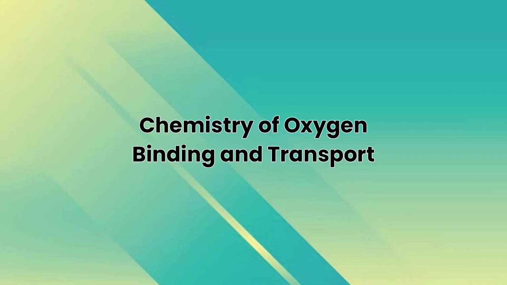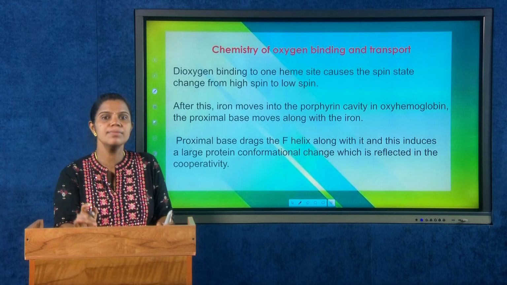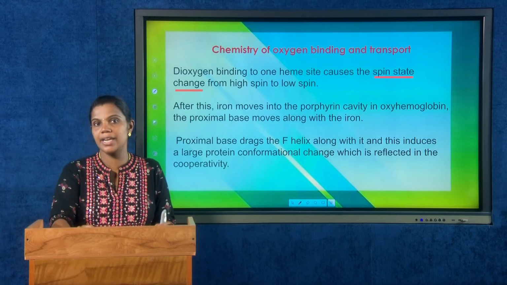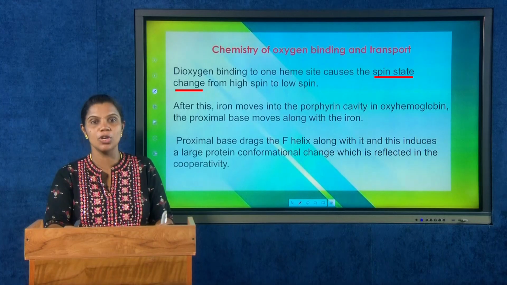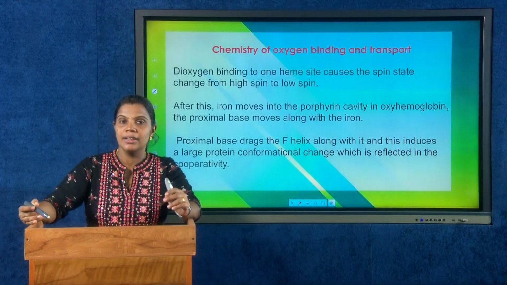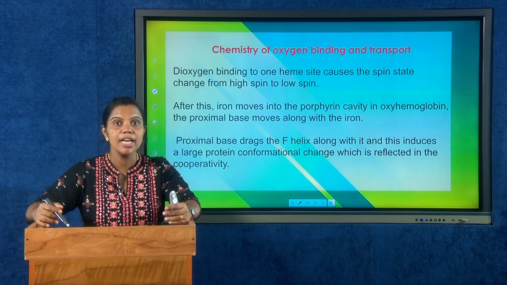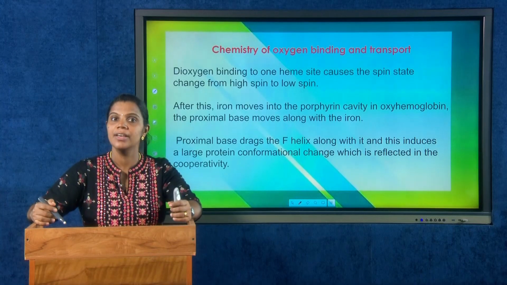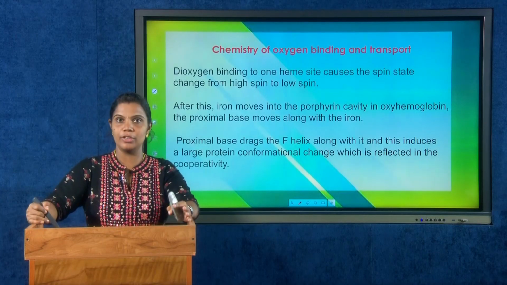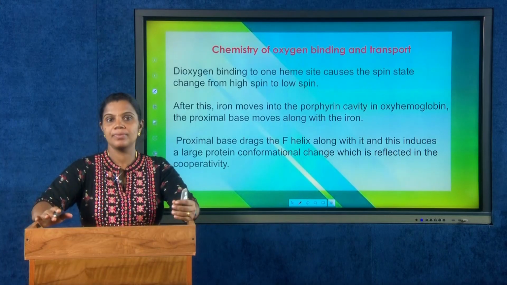Now we are going to see the chemistry of oxygen binding and transport. Dioxygen binding to one heme site causes a spin state change from high spin to low spin. That is, deoxyhemoglobin has iron in the +2 oxidation state, present in high spin, and when oxygen binds to high spin Fe2+, it gets converted to low spin.